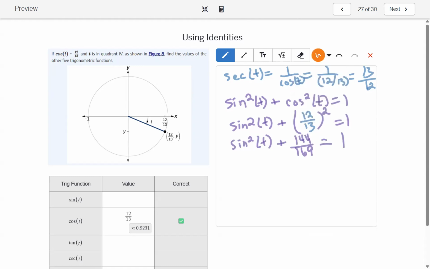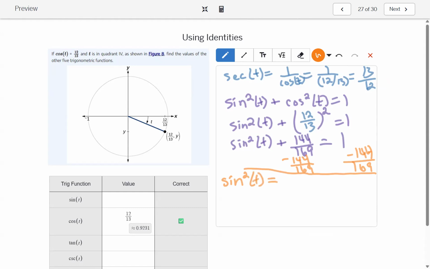Now my next step, I got that 144 over 169. I want to get sine squared t by itself. So I'm going to subtract that fraction to the other side. And this is absolutely when I would recommend using the calculator. Even if you happen to remember your squares, doing this math is like, eh. That's definitely the point where I usually make mistakes, so that's usually where I'll resort to the calculator.